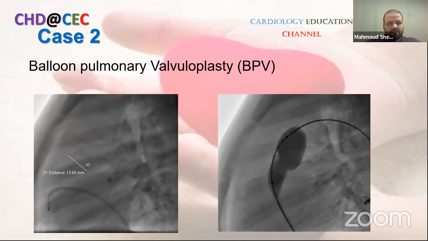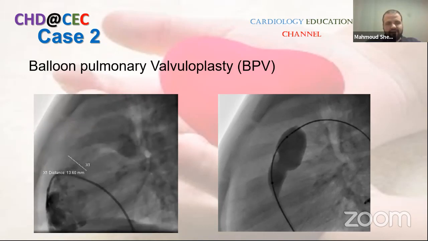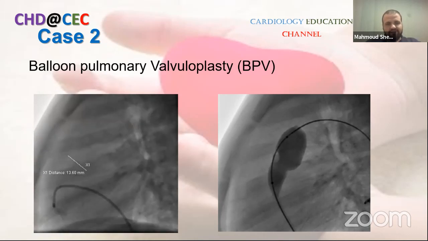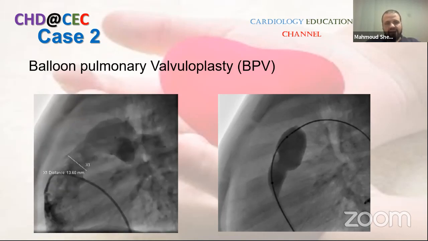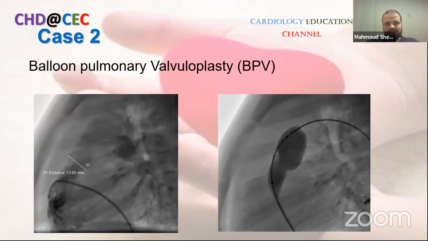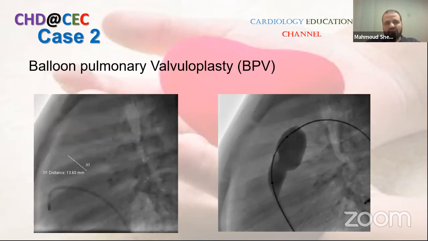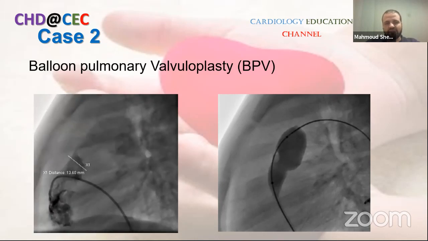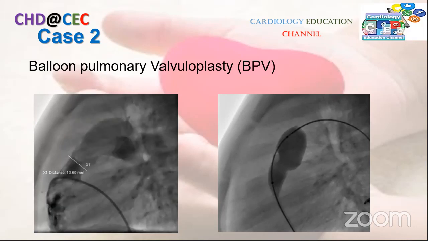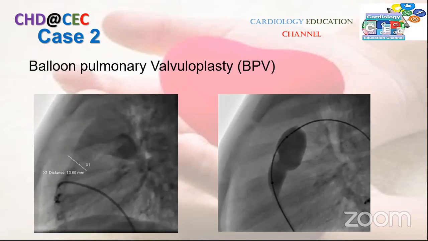The other predictors are the morphology of the valve itself and the degree of regurg before dilatation. Because in the dysplastic valves, we sometimes have valves with severe stenosis and moderate regurg from before balloon dilatation, and an RV pressure in the cath lab of 100 or even sometimes suprasystemic. So you are expecting these cases to have more regurg after dilatation. This is one factor.